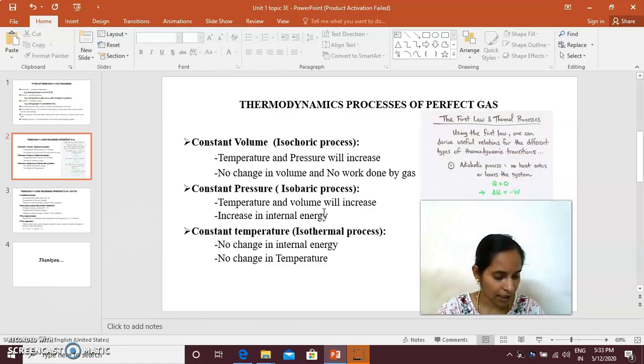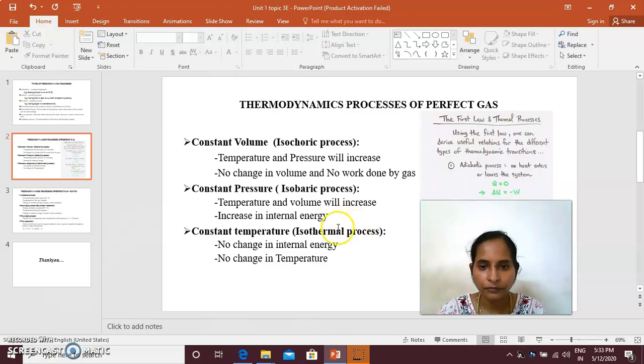Differentiating and dividing by dT, you will get Cp is equal to Cv plus R. Another very important relation we want in all of thermodynamics is Cp is equal to R gamma by gamma minus 1 and Cv is equal to R by gamma minus 1.